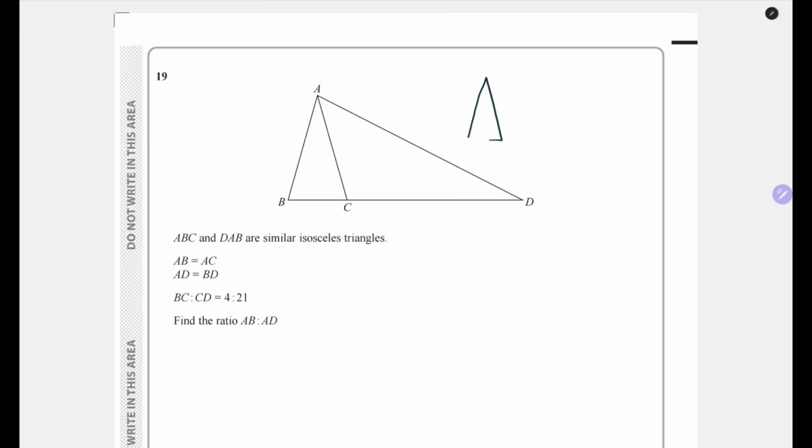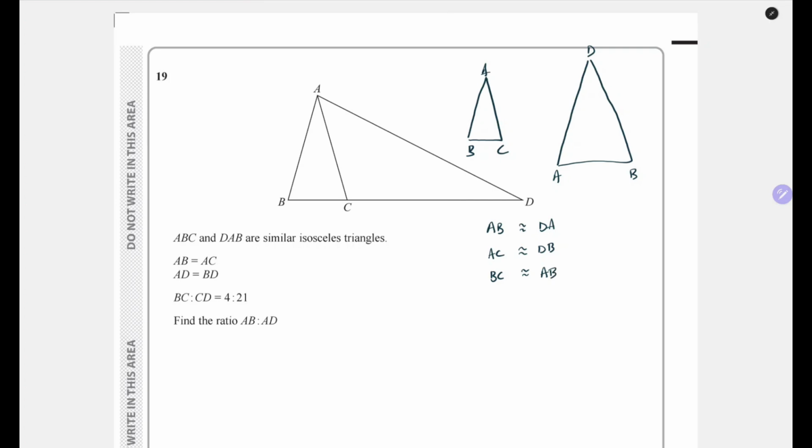again, this is our small triangle A, B, and C. And actually the larger triangle, if we flip it, gives us D, A, and B. And so we can say that side AB is similar to DA, side AC is similar to DB, and side BC is similar to side AB.